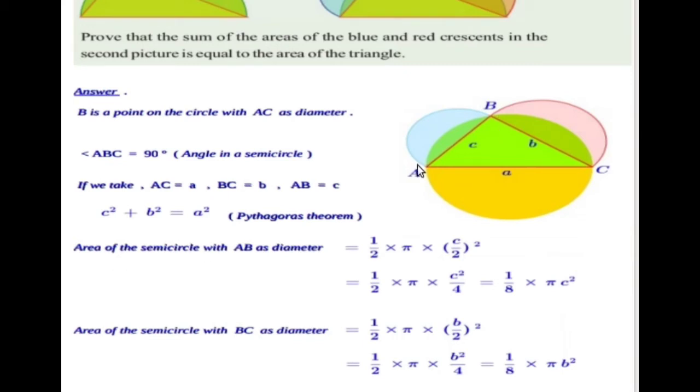So first we find the area of the semicircle with AB as diameter, which is equal to half into pi into c by 2 the whole square. c by 2 whole square is c square by 4. Combining the 2 and 4 we get 8, so we have 1 by 8 pi c square.